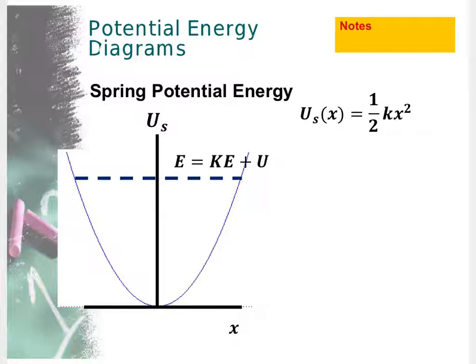So if we have an object that is moving on a spring, and it has a total amount of energy E right here, which is kinetic plus potential, then it is going to have to be somewhere between here and here.